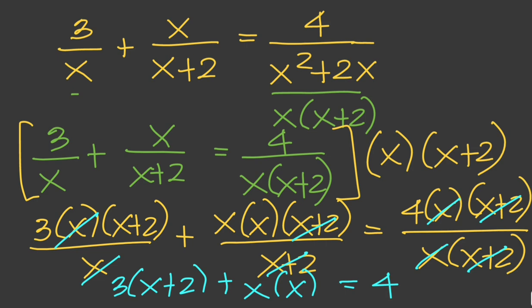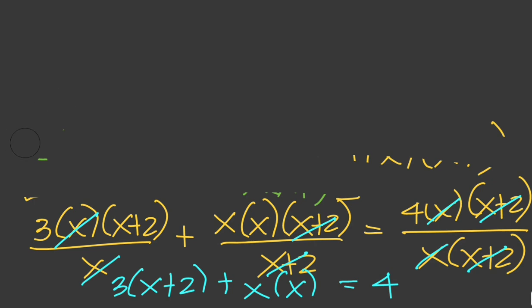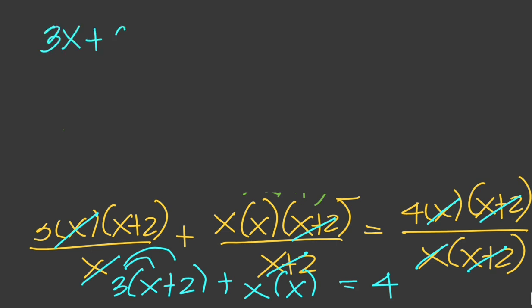And now we can further simplify this. Okay, we distribute 3 to x plus 2. So this would become 3x plus 6 plus x times x is x squared equals 4.